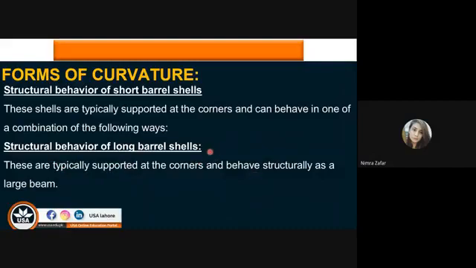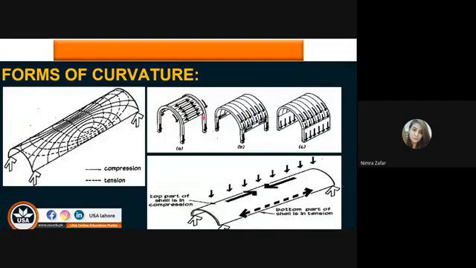Whereas in a short barrel, arch action is prominent, and we have the following possibilities of behavior. So these solid lines show compression, and this dotted line shows tension.